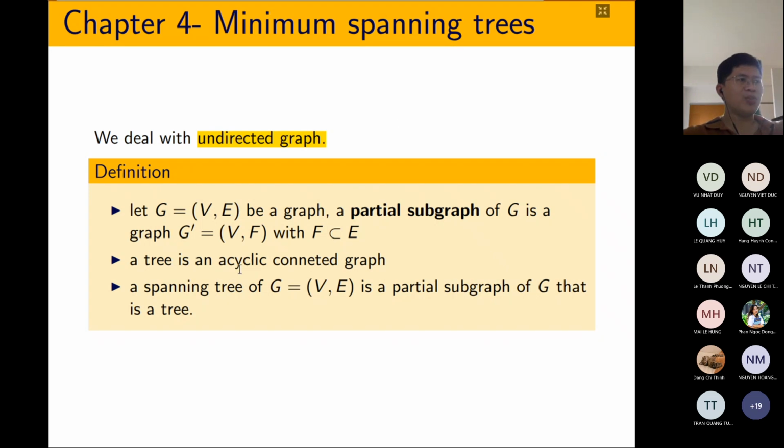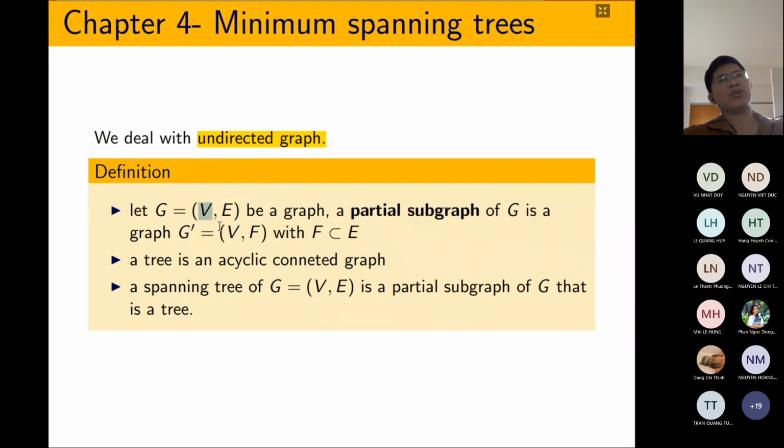For a spanning tree, we start with first a linear tree. Okay, means we have no cycle. Okay, and the spanning tree, people say, is a partial subgraph of G, where people will keep the vertices.